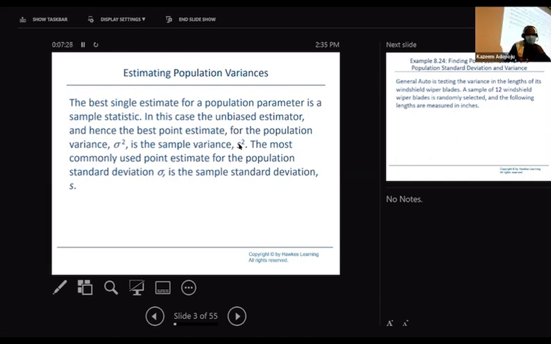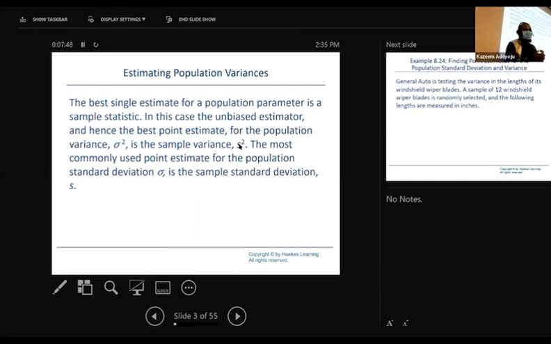And you know what? Instead of calculating the population variance, they're only going to end up getting the sample variance. But it is mathematically proved and statistically observed that the sample variance is an unbiased estimate of the population variance.